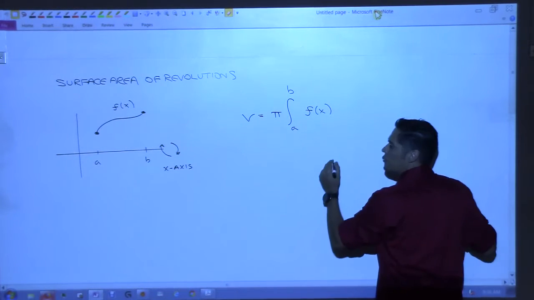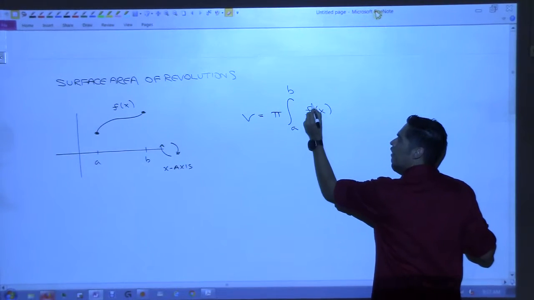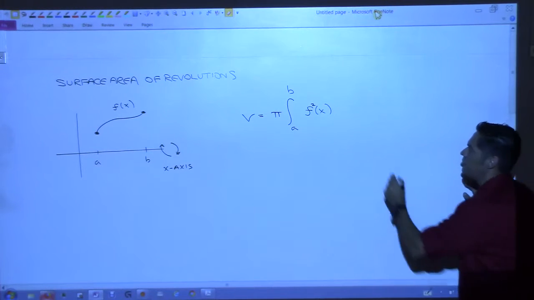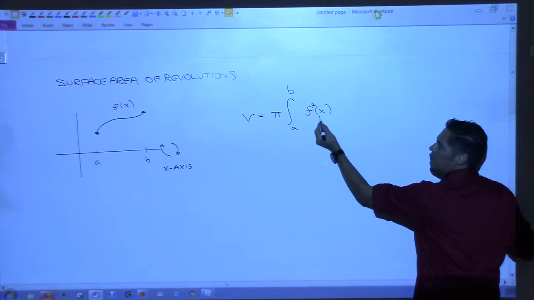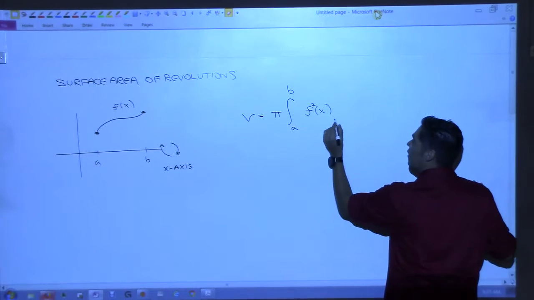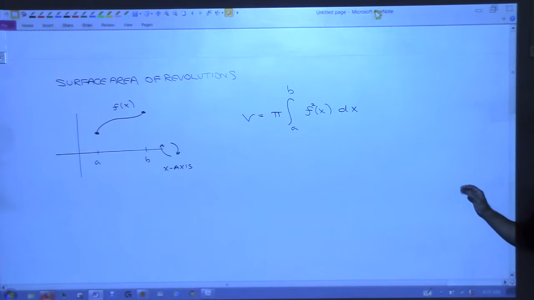So it's just that function squared. Now, I've been putting brackets around that and squaring. But if I put 2 here, it means the same thing. That means squaring it, all right? Just don't put the 2 here, because then sometimes people will think that you mean square that x, and it can get confusing. So dx, right?